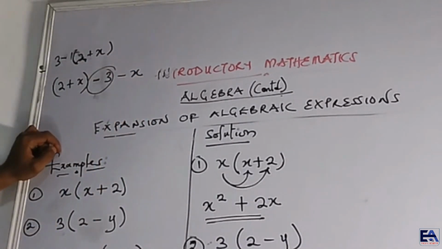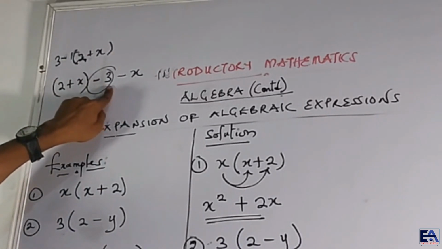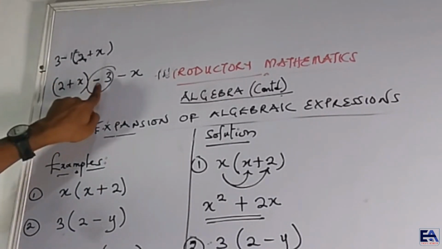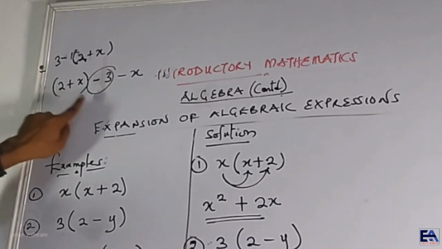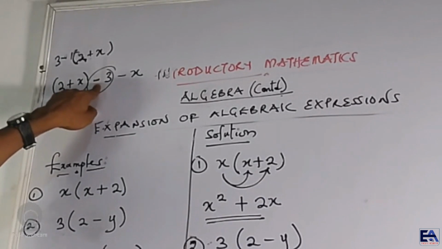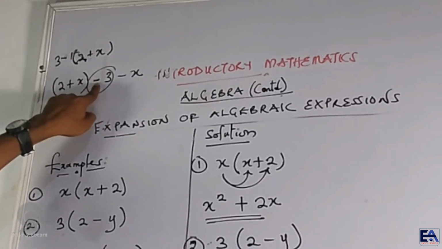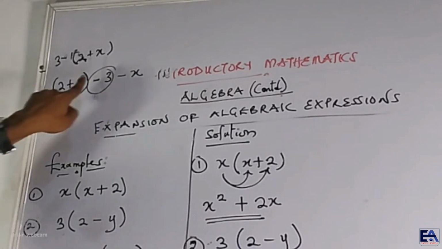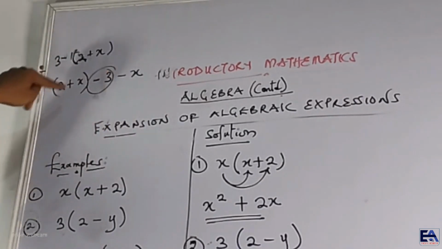Okay, now, whatever we have here does not make this 3 multiply the contents of the bracket, because there is a sign separating the content of the brackets and this 3. Then 3 does not have any business with the bracket.